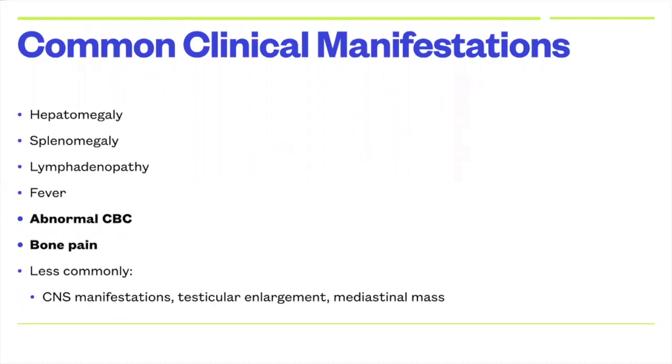And mediastinal masses can present especially in teenage patients or young adults, associated with T-cell ALL or T-cell lymphomas. Mediastinal masses, as we know, can lead to superior vena cava syndrome. They could also lead to respiratory symptoms. So this is not as common, but it's something we should look at.